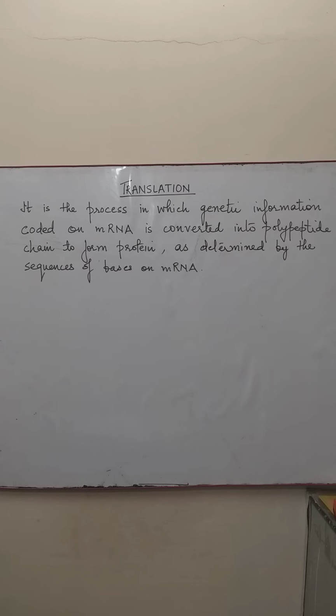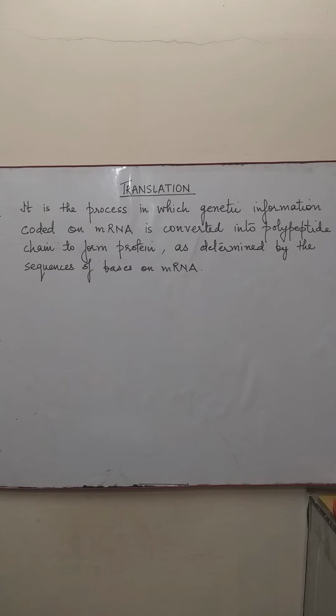Now, when we define translation, translation is a process in which the genetic information coded on mRNA is converted into a polypeptide chain to form protein, as determined by the sequence of bases on mRNA.